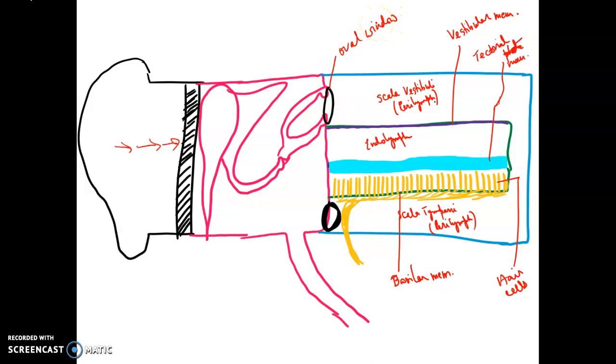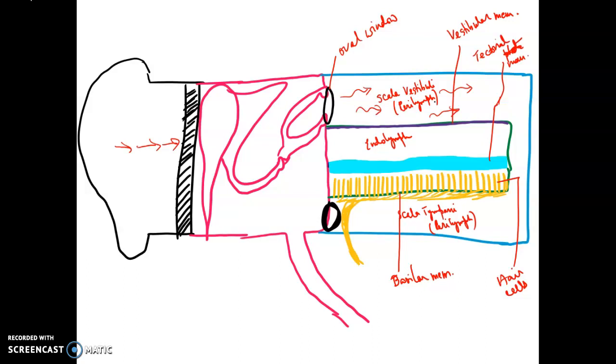Okay. Now as the ear ossicles start vibrating, the stapes at the oval window generates pressure waves in the perilymph within the scala vestibuli. The more vibration of the stapes, the more vibration of the perilymph within the scala vestibuli.